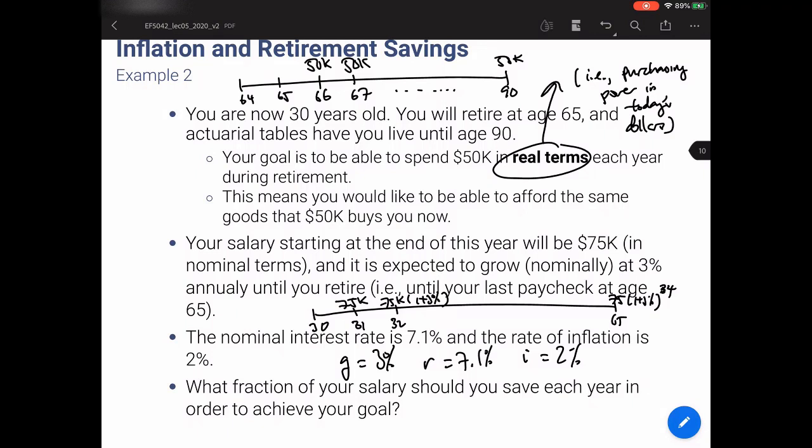So big picture wise, what we really want to do is be able to calculate the present value of this package, my retirement package, and compare that to the present value of my income stream at the time I am age 30, or our time 0. So our time 0 is when we are of the age 30.